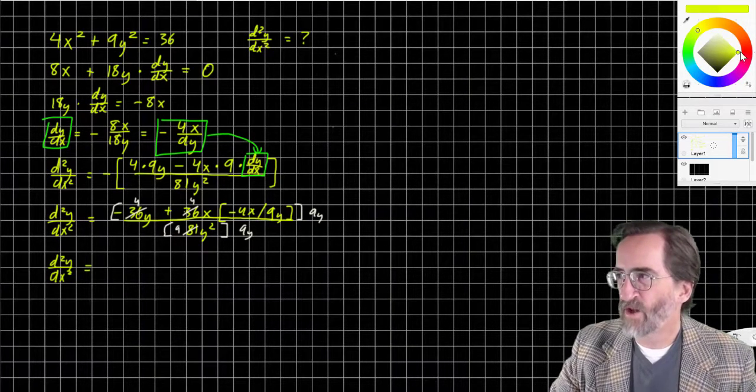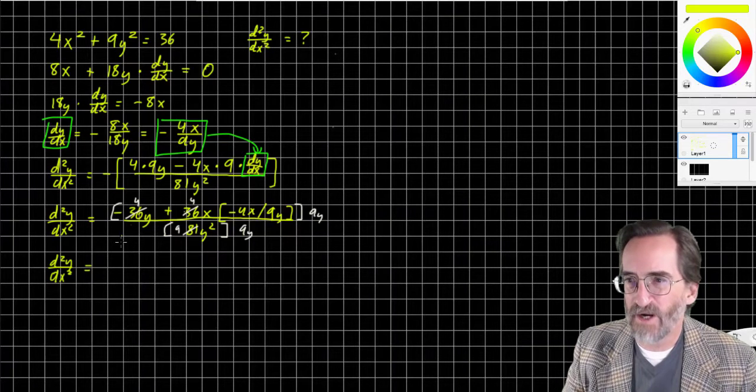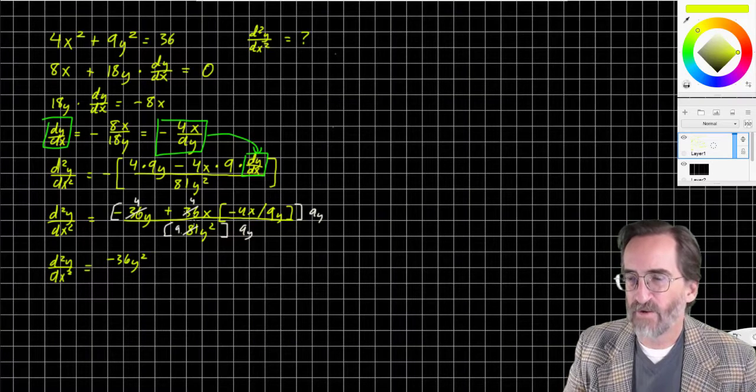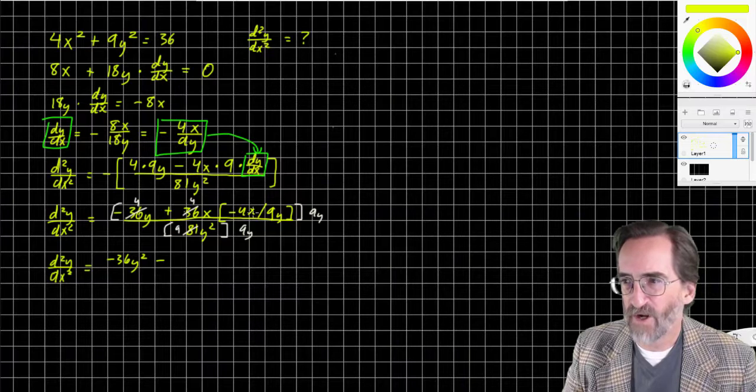We end up with 4 times 9, or 36, negative 36y squared, because it's y times y. 4 times 9 is 36 minus, because it's negative there, 36 x squared, and the y's cancel and the 9's cancel.